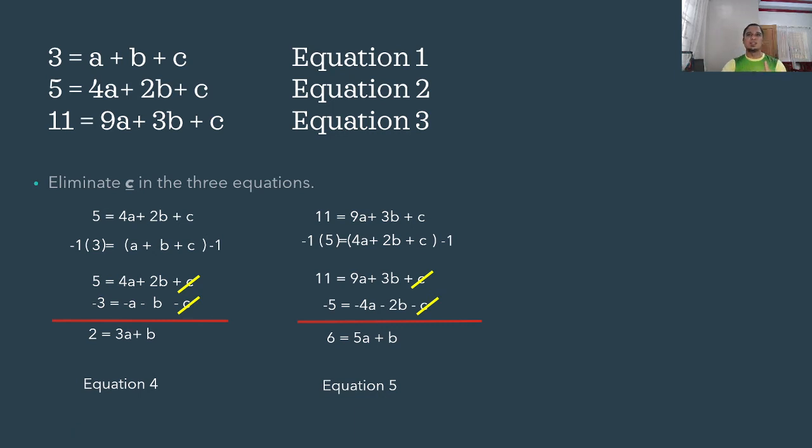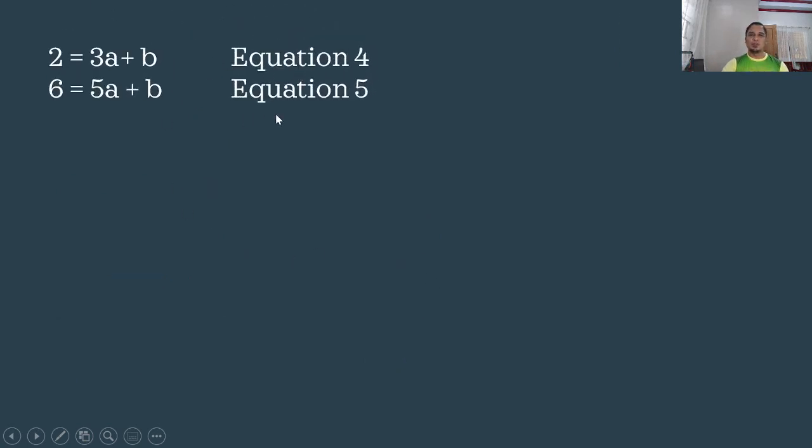Now, if you notice, this is the reason why, upon starting, I told you to please stay with me until the end. Because going backwards is harder than when we were the ones assigning the values. This time, they gave us an assignment of values. What we are looking for is the quadratic function. Okay? I hope we understand this. The thing I want you to take notice of is that in equation 4 and equation 5, c is gone. What remains is the values of a and b. On the other side, a and b.